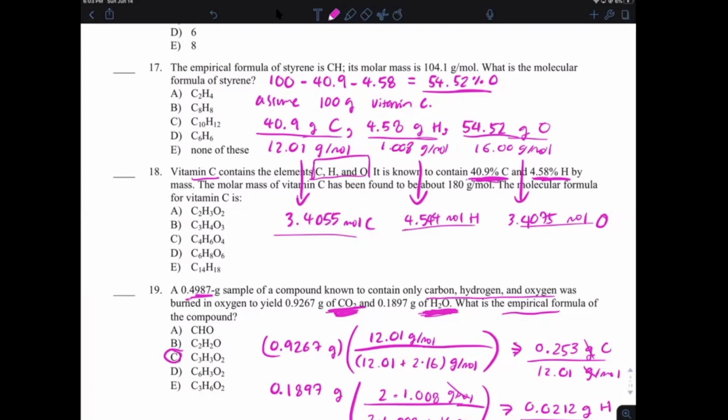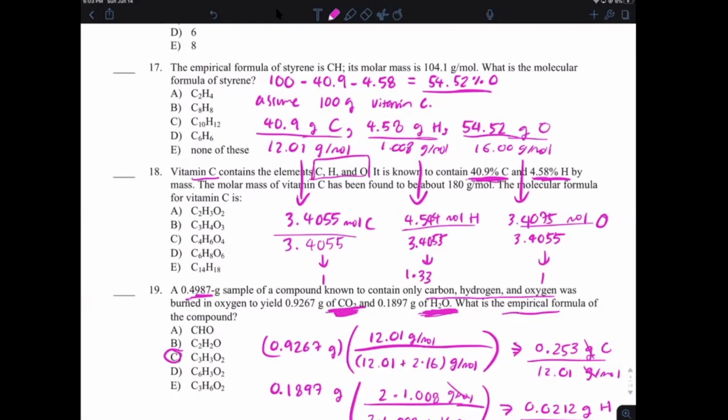Yeah, so it would be 3.4055. So this is about 1, or that's exactly 1. This is about 1. This one is going to give us, okay, it's around 1.33. So to make this a whole number, or at least about a whole number, what should we do? Multiply by 3. Yeah, perfect.